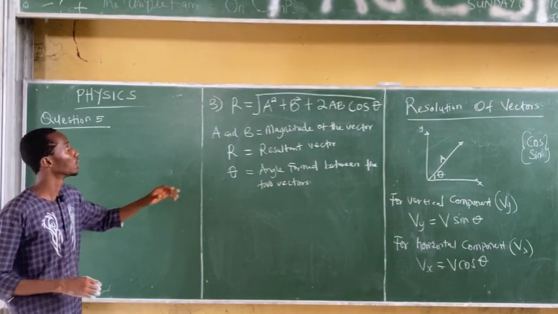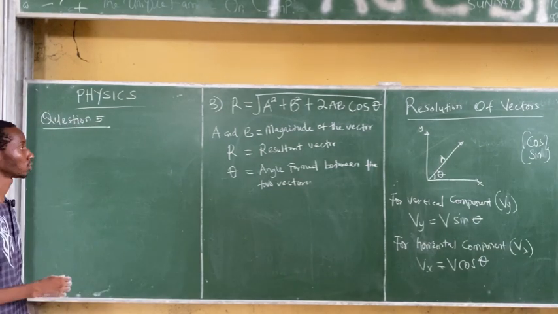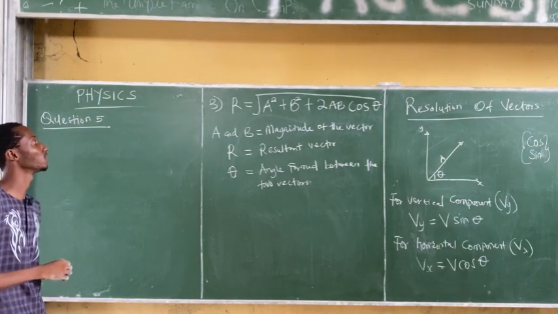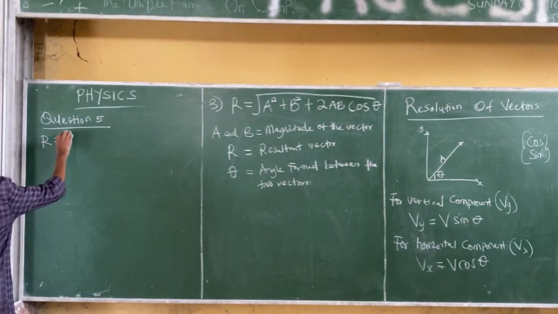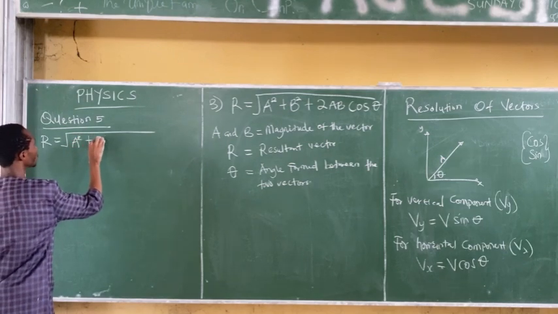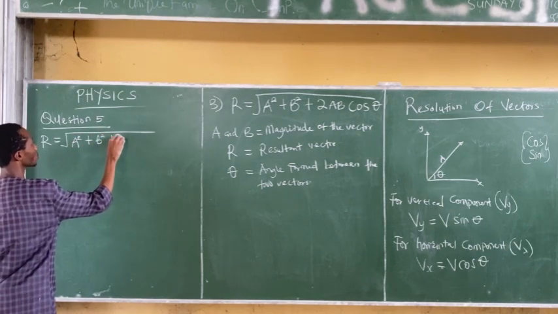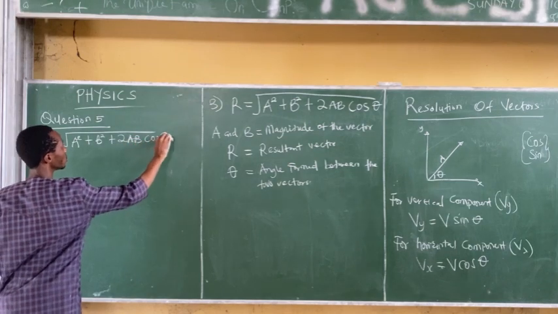Solution. Recall the equation for the resultant vector. We have R is equal to what? Square root of A squared plus B squared plus 2AB cos theta.